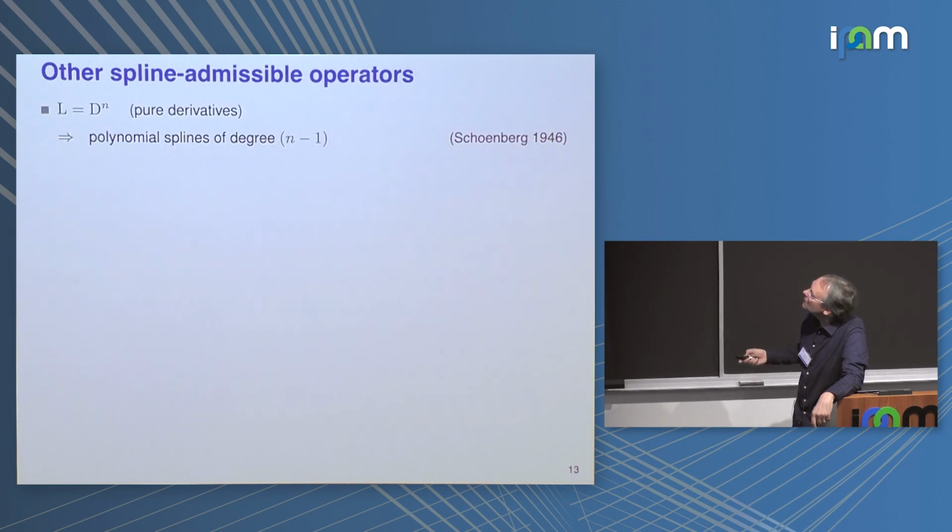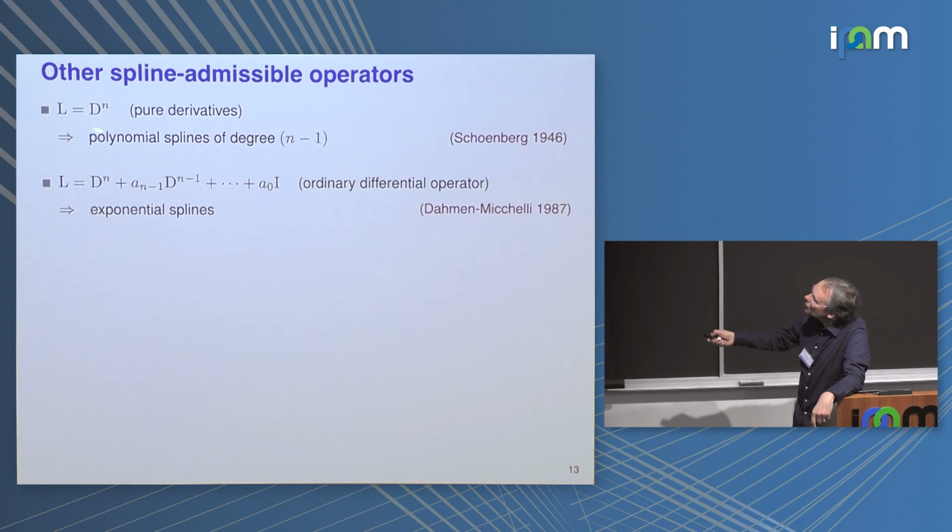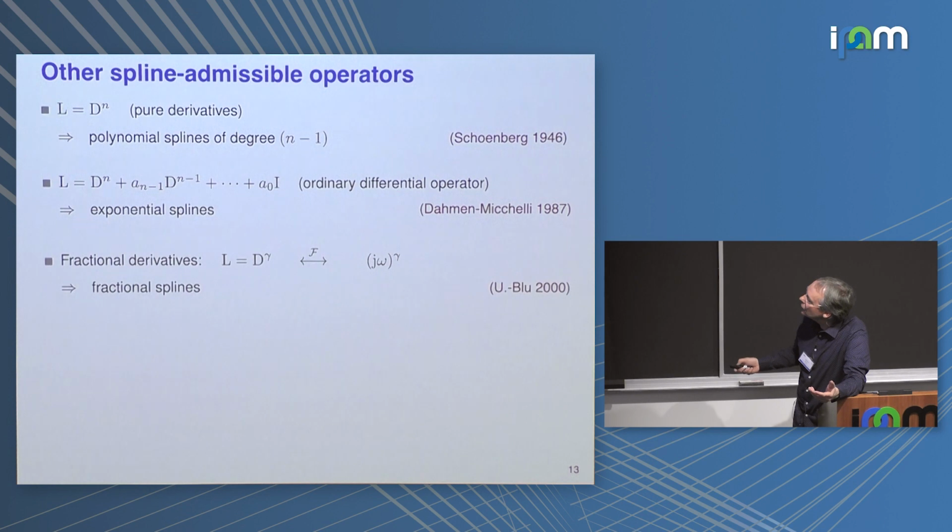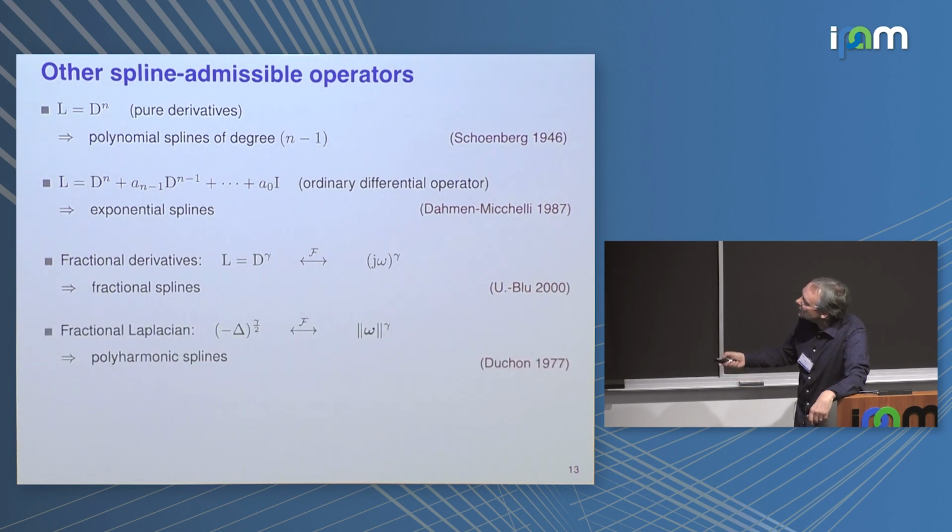Other spline-admissible operators: in fact, it works for any derivative operator. It works for any ordinary differential operator, where you will just get exponentials. It works for fractional derivatives, hence my first picture on my introductory slide. It works for the Laplacian, where you get polyharmonic splines.